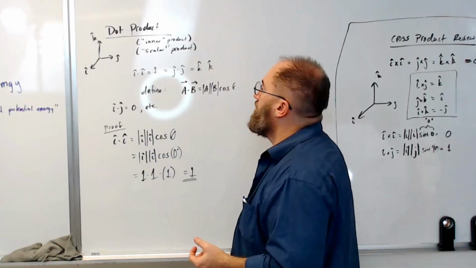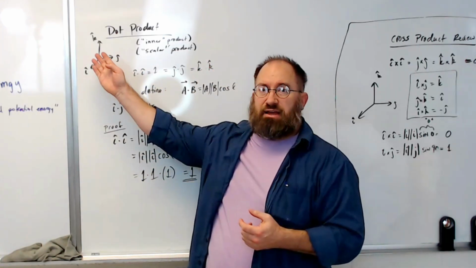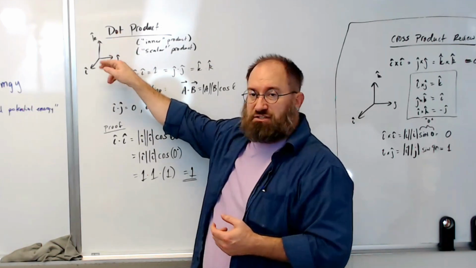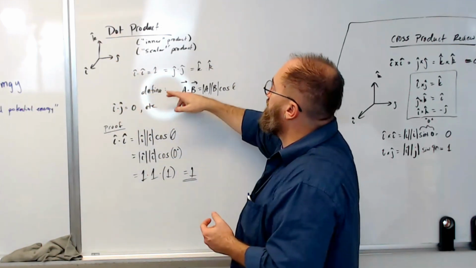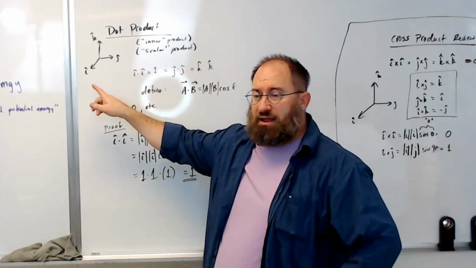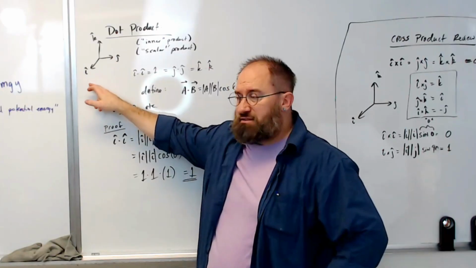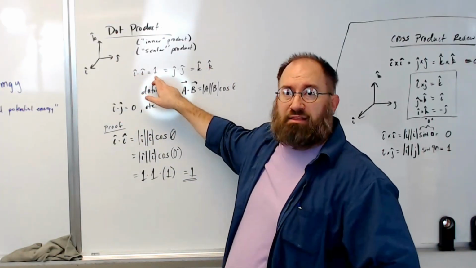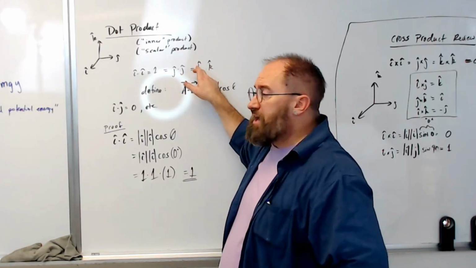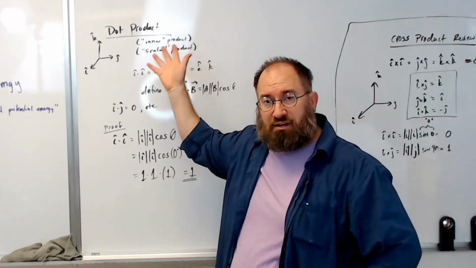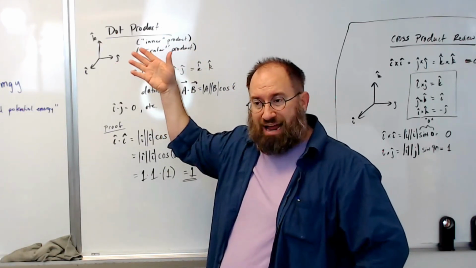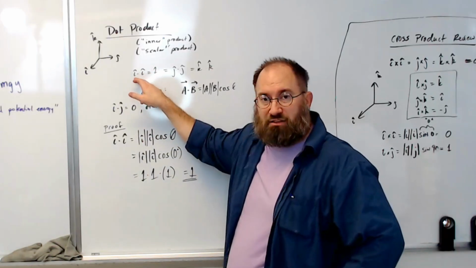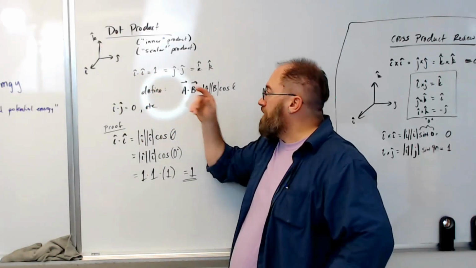Here we have our ijk axes, just like x, y, and z, and let me define it so that two vectors going along the x direction, the i hat direction, will become simply one, and the same for j dot j and k dot k. Remember, these hats indicate the unit vector, so those are magnitudes of 1. So when we multiply this, we're getting back the magnitude of just 1.